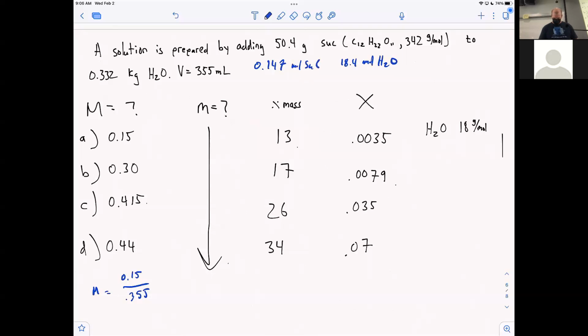I went ahead and put it's 18.4 moles of water. I just did 332 divided by 18.